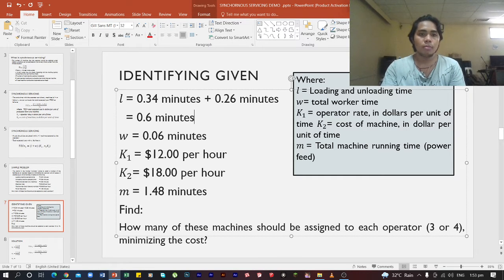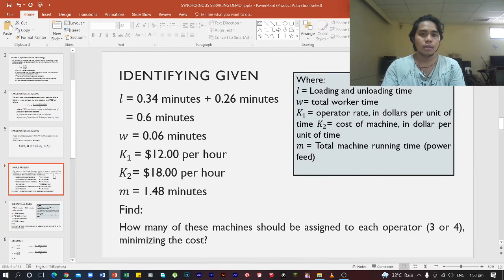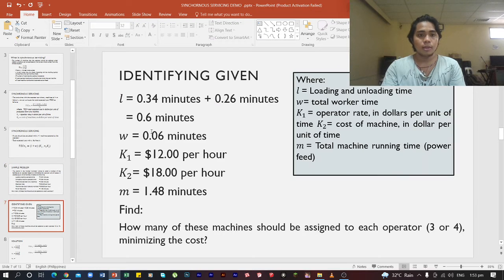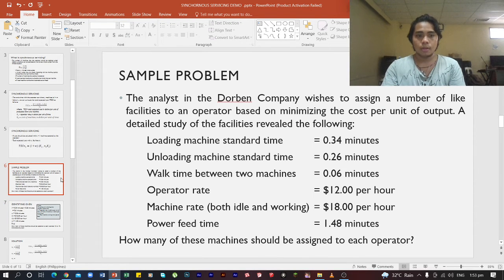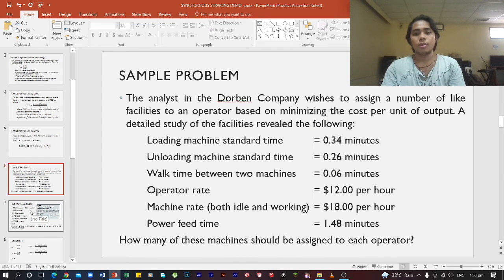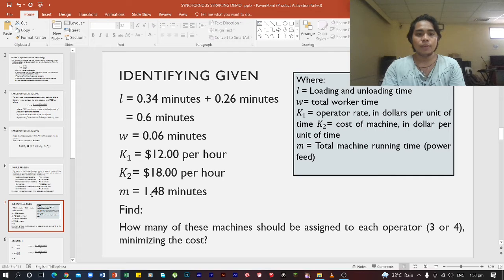So we came up with this time, 0.6 minutes. And our walking time based on the given is 0.06 minutes. K1 is $12 per hour, K2 is $18 per hour, and power feed time is 1.48 minutes.